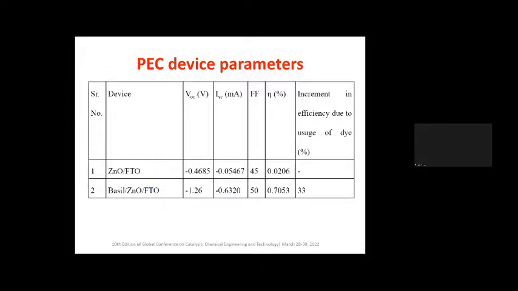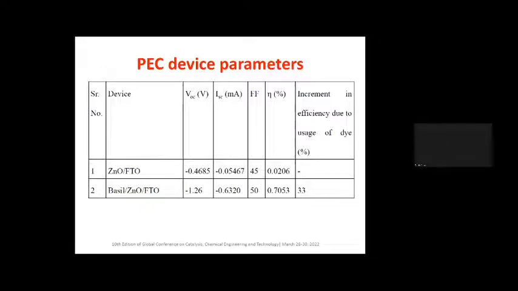So we have calculated the device parameters for photoelectrochemical conversion. For ZnO, we are getting an efficiency of about 0.02%, and for the hybrid device we are getting 0.7% efficiency. This is a low efficiency, but these are all laboratory scale devices, so my motive is to increase this efficiency and use it for indoor applications.